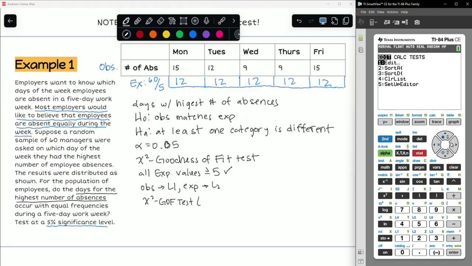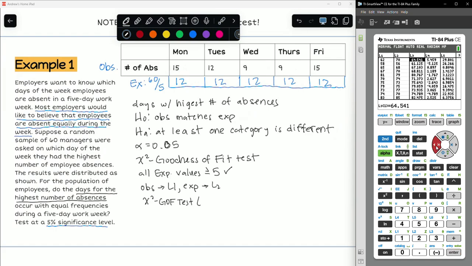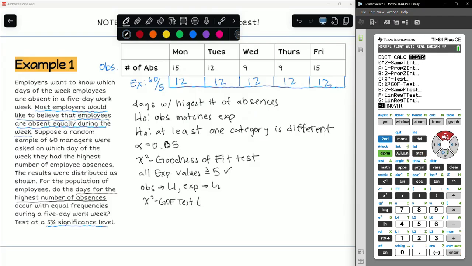So stat tests all the way down to option D, and it asks me where my data is. So let's go put our data in the calculator. Observed in list 1, expected in list 2.